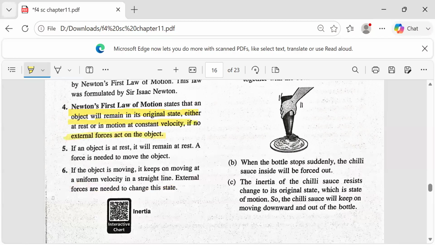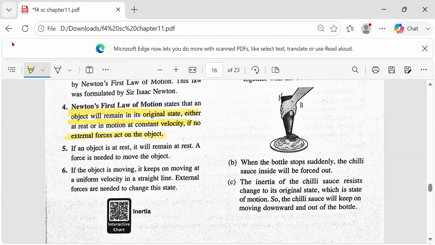If an object is at rest, it will remain at rest. Like this, I put this thing here, I don't touch it, will it move by itself? No. A body at rest will stay at rest. Okay, if there is no friction, very slippery, it goes on forever. I push a ball, it will just continue to roll and roll and roll.